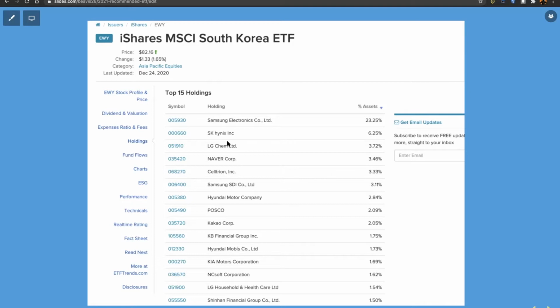Also, you have to create an account in South Korea. So instead of doing that, if you just buy this ETF, EWY, you can use US dollars and purchase easily. That's why this one is popular too.